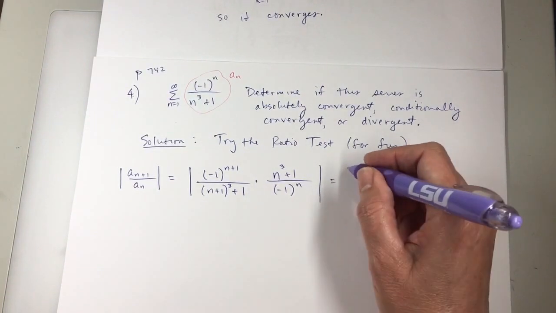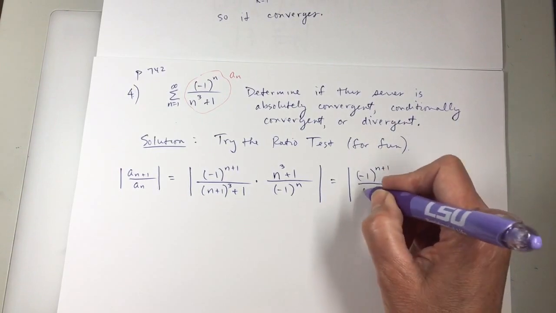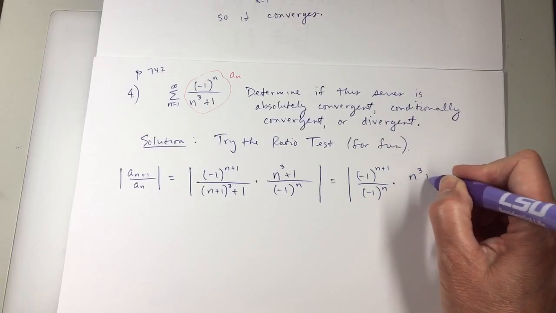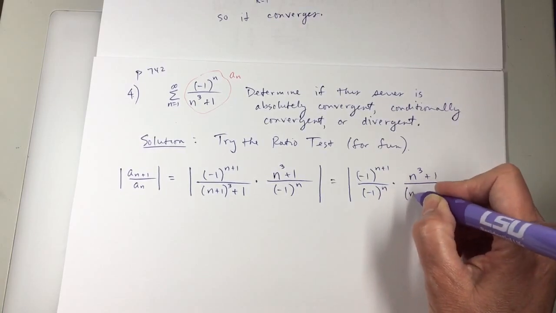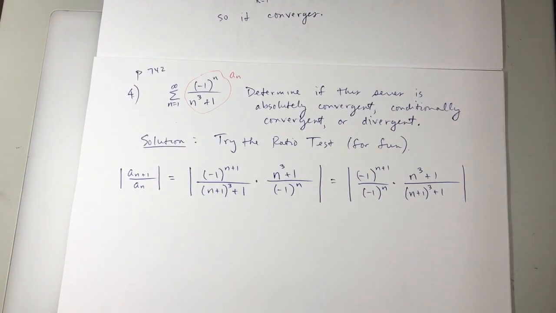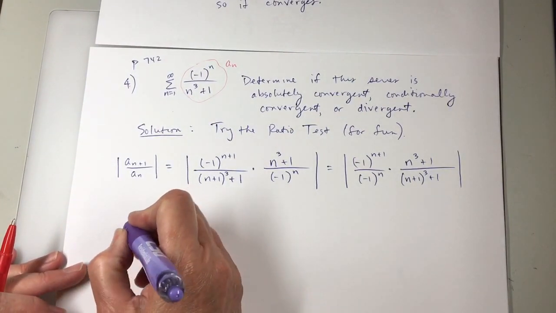And that ratio then would be the absolute value of (-1)^(n+1) over (-1)^n times n cubed plus 1 over (n+1) cubed plus 1. And I'm pretending we multiplied (n+1) to the 3rd power completely out, n plus 1 times n plus 1 times n plus 1. What's the leading term? It would be 1n cubed.